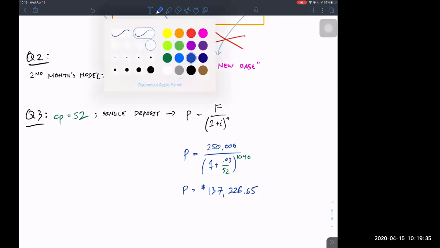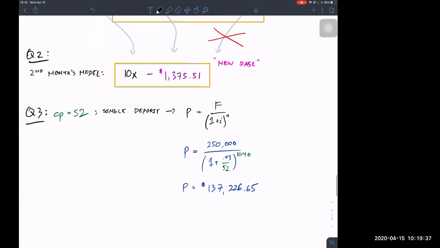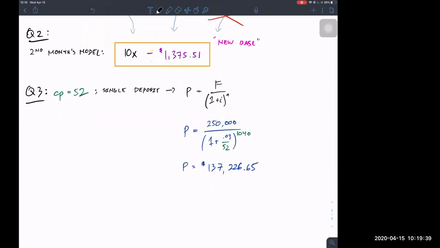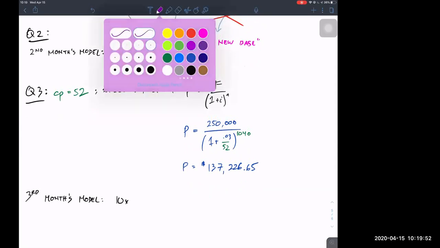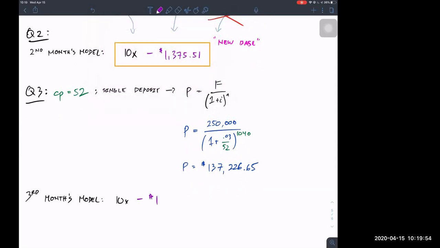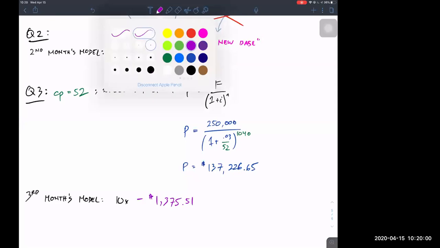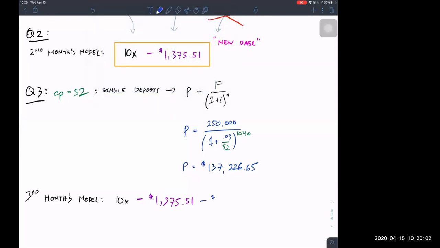And then now we just have to tack this onto our model. So third month's model. We're going to go 10x, still the lease, 37551, and then now this new single time expense, right?